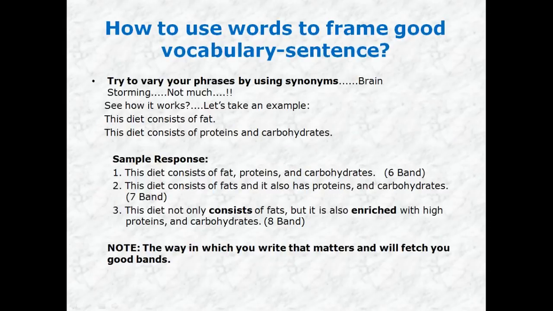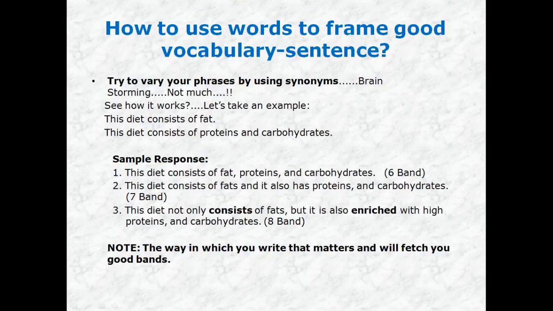Now, how to use words to frame good vocabulary sentences. This is also a very important point to be discussed. Basically, it is related to brainstorming, but not exactly. Now, see how this thing can be worked. I have taken one example with the help of two sentences.